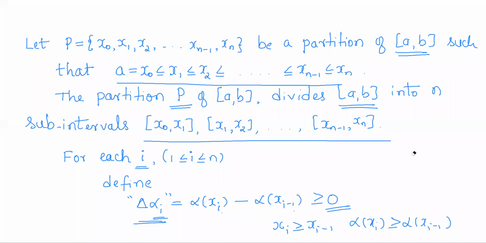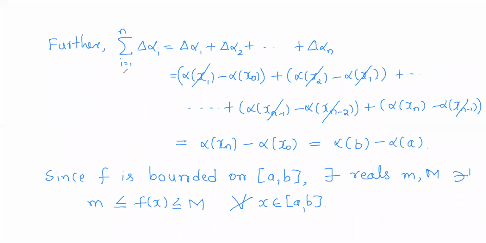So now using this delta alpha i, we move further. If we consider the summation of delta alpha i, for each i we have defined delta alpha i. So now sum up all those values: delta alpha 1 plus delta alpha 2 plus ... plus delta alpha n. So use the generalized definition for delta alpha i and substitute the values. So delta alpha 1 is alpha x1 minus alpha x0, plus delta alpha 2 means alpha x2 minus alpha x1, and so on like this.